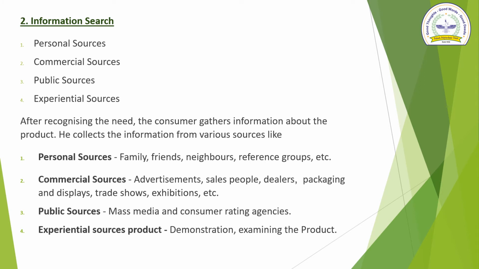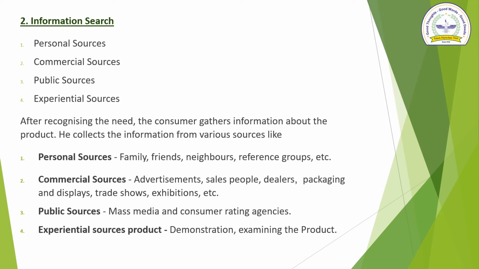The next step here is information search. In this step, the consumer tries to gather information about a product which he wants to purchase. Let's take an example. We all know that water is very important for our livelihood, and not only water but water in its pure form is very important for our livelihood.